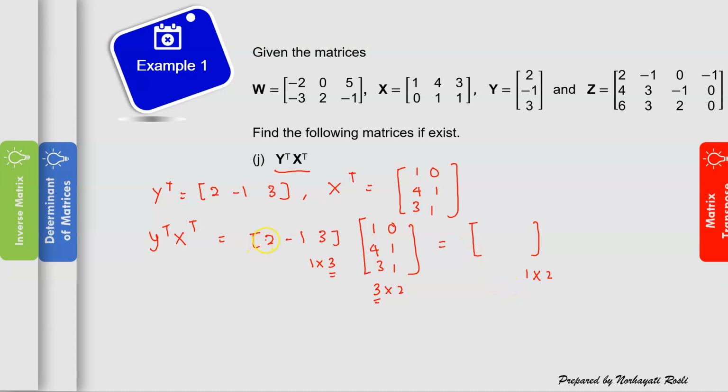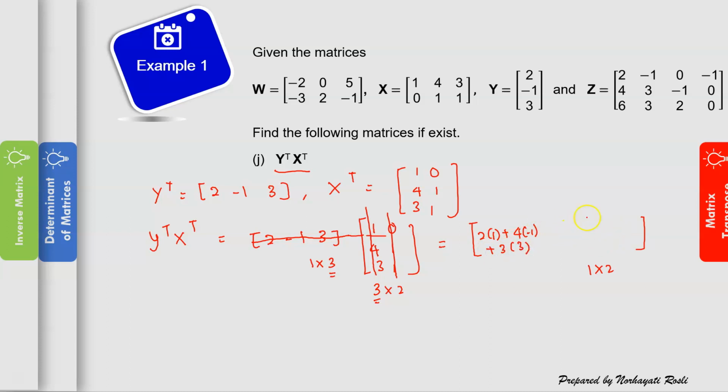So how do we solve this? Now, we need to multiply row by column. In this case, we will have 2 times 1 plus negative 1 times 4 plus 3 times 3.